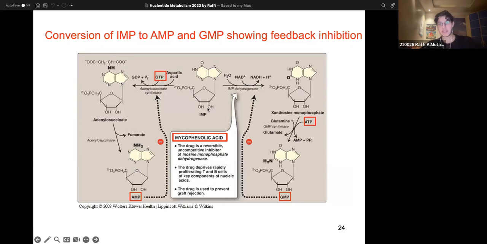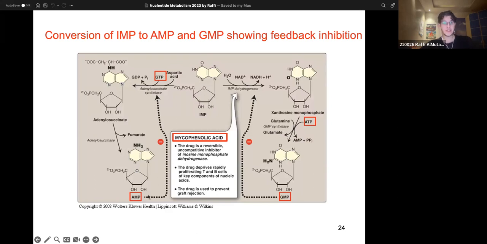To make GMP, we need 2 enzymes: IMP dehydrogenase and GMP synthetase. I know there's a lot of enzymes. Don't panic. I'm going to tell you guys an easy way to remember it. So we have this IMP right here. We need to convert it into GMP. We use 2 enzymes, IMP dehydrogenase, which makes xanthine monophosphate, or XMP, and this will then be converted to GMP by GMP synthetase.